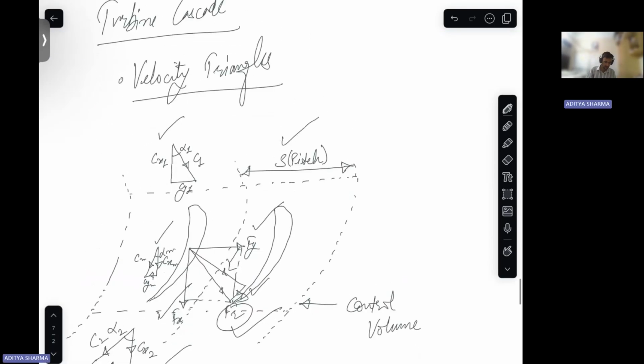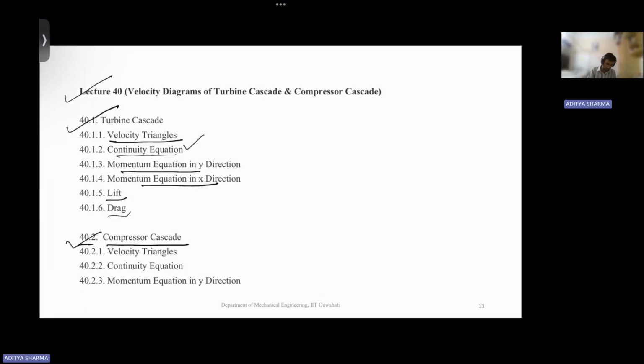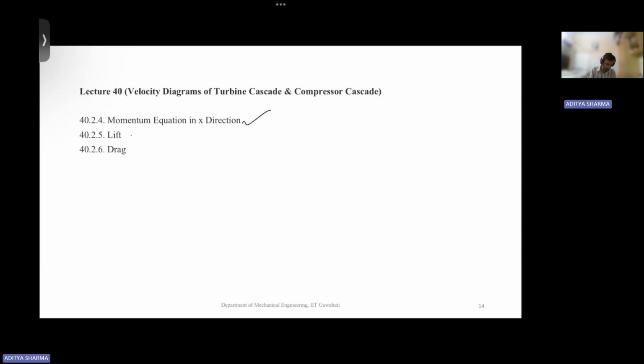Based on this, the discussions on momentum, continuity, momentum in X and Y, lift and drag have been done, so I'll not discuss them. I'll just give the link of lecture number 40 in the description. You can go through it. Same is with the compressor cascade. From the link, all this can be covered. You can find the link in the description.